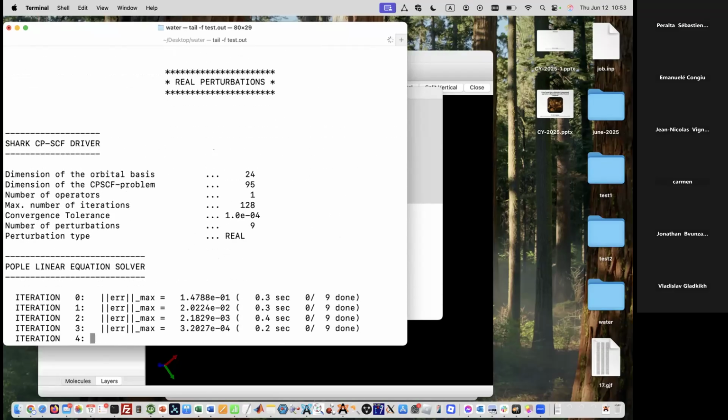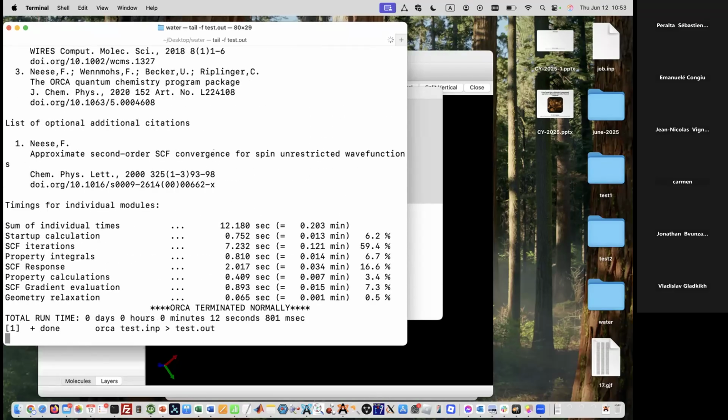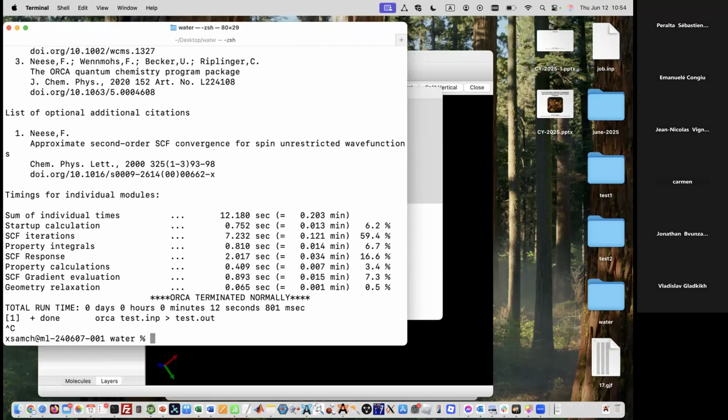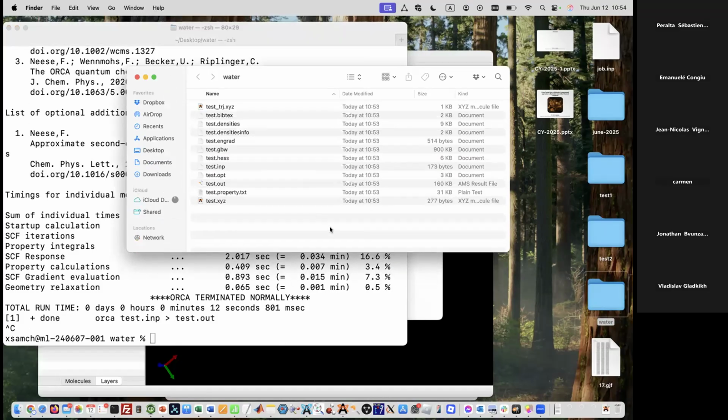Now it is running. So it's a very fast calculation. So I optimized the water molecule, and let's look at the outcome.